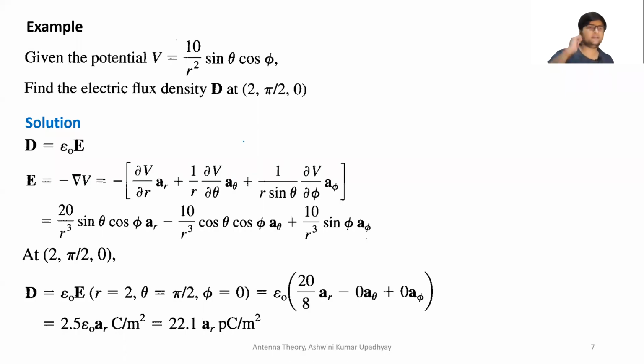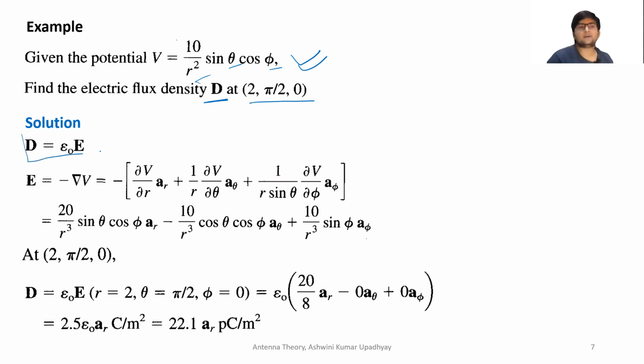Now let us quickly see an example. So you are given a voltage V, and as you can see, you have theta, phi, and r. So this is basically in spherical coordinates. And in this question, you are asked to find the electric flux density D at a particular given point, which is again in a spherical coordinate system.